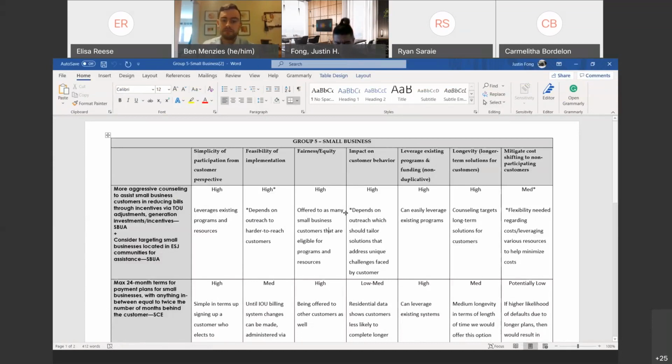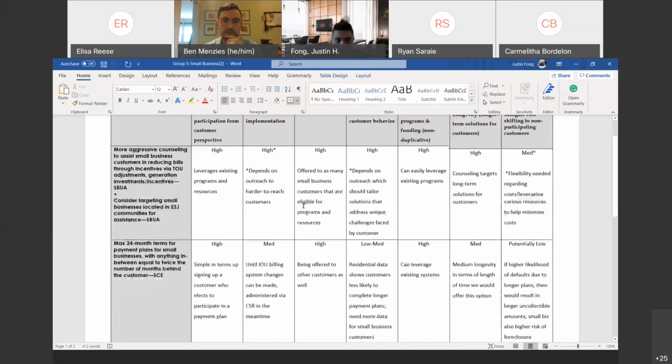That will be some cost to create such a program that will probably need to find funding for it. And we can leverage existing programs, and it's a longevity with a new criteria that we added to the ones we were given. And we think this is high because it's something that can remain in place for longer than a short period of time.